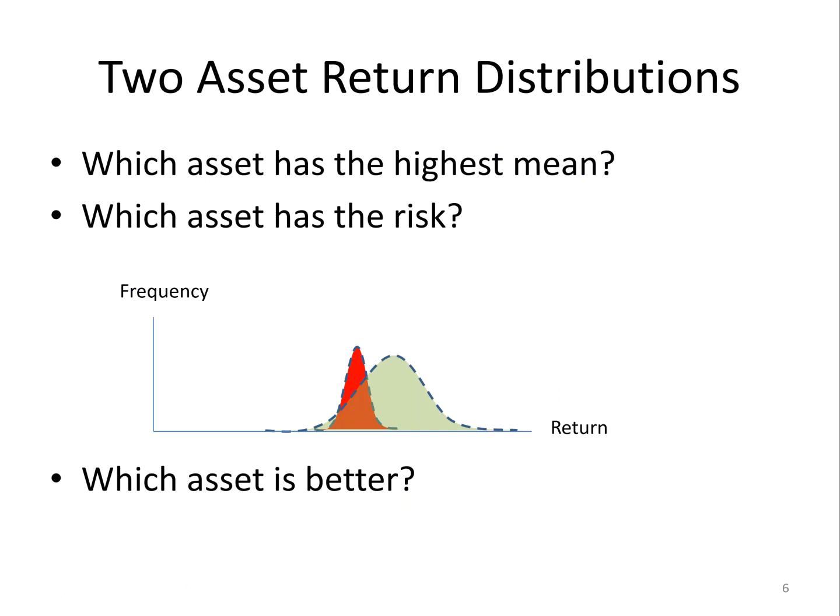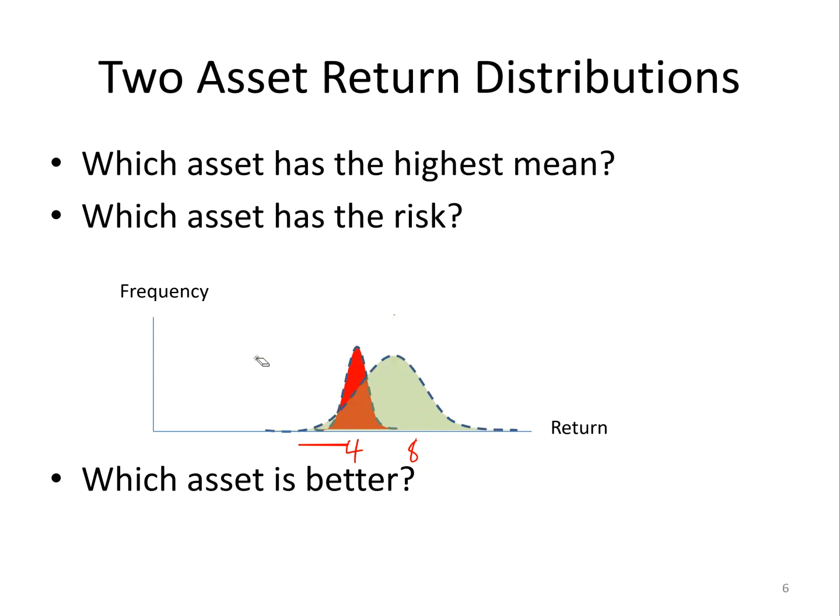Now look at these two returns. Let's say that this green asset has a mean at about this level of return, let's call it 8%. And this asset has a mean return of this, let's call that 4% return. And what you see is this green asset has a more dispersed distribution, so it's riskier. And what you see is this red asset, even though it has a lower expected return, has less risk, it's less dispersed.